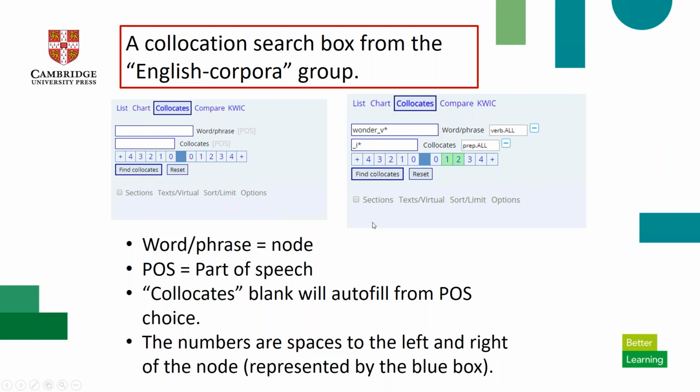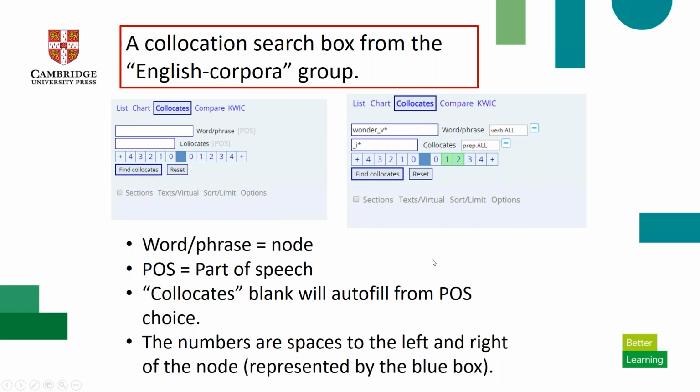Now, under that is a blank called collocates. You actually don't type anything in here. That will autofill once you choose from the part of speech option here. And what I want to do is find which prepositions are likely to follow the verb wonder.